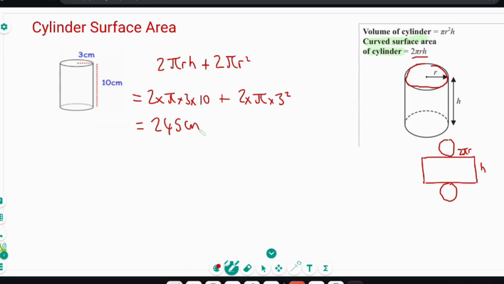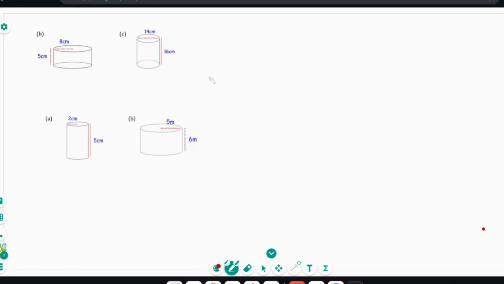So the answer is 245 centimetres squared because it's an area.